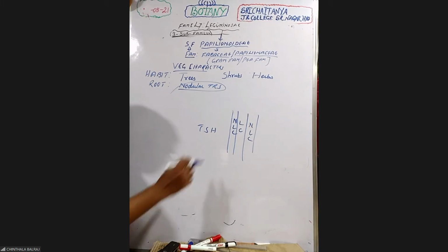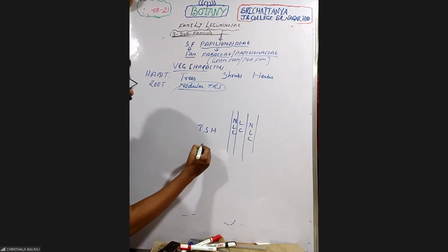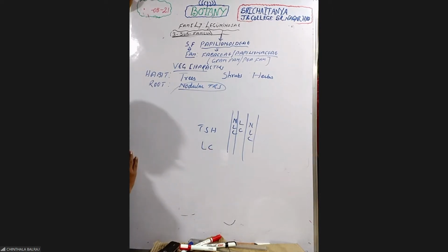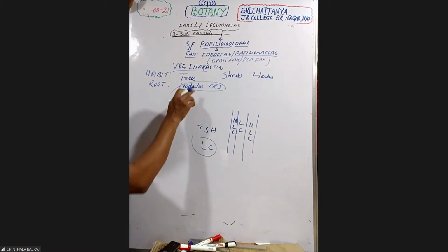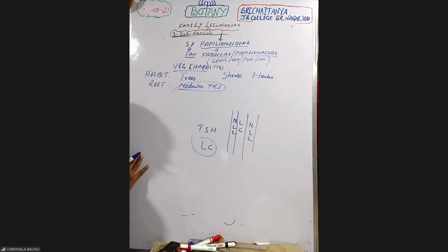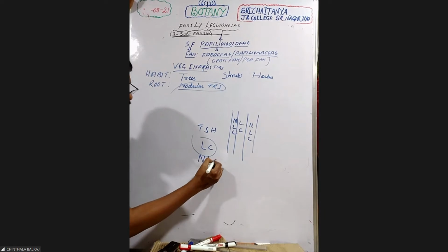First year, which crop do they cultivate? Legume crops. After harvesting, that soil is rich in nitrogen, because legume crops contain nodular roots and fix more nitrogen. Yes or no? Next year, which crop do they cultivate?